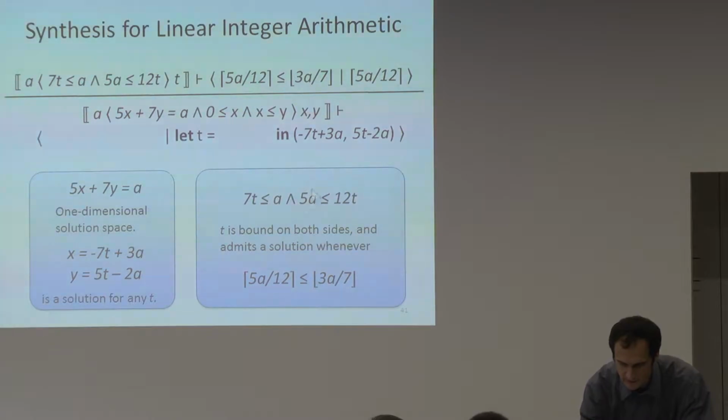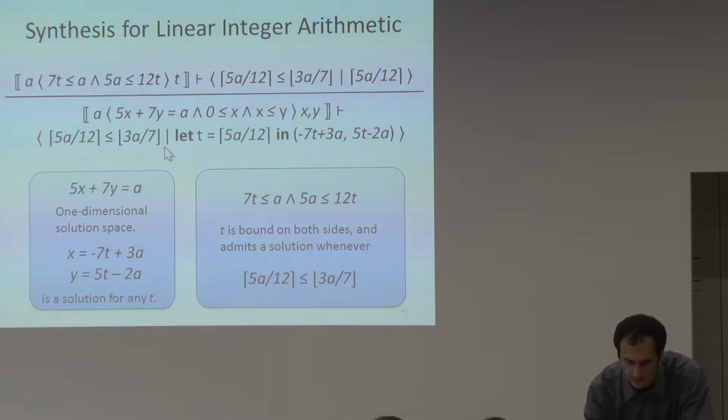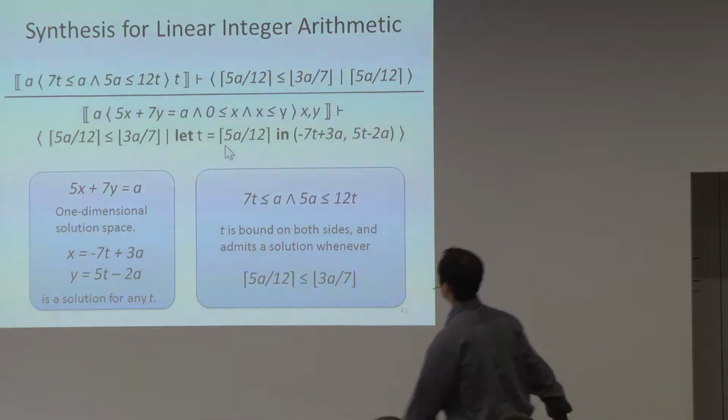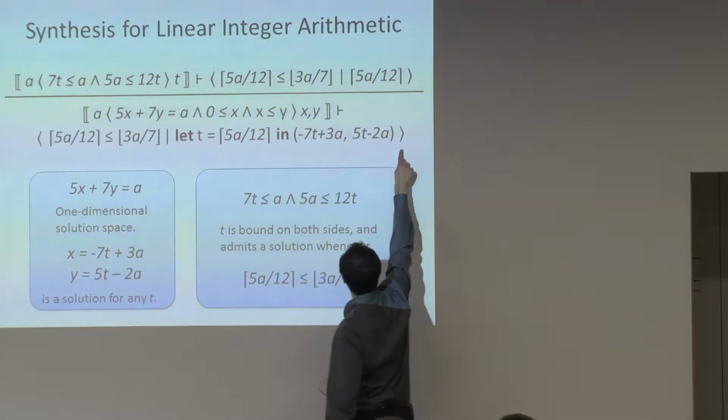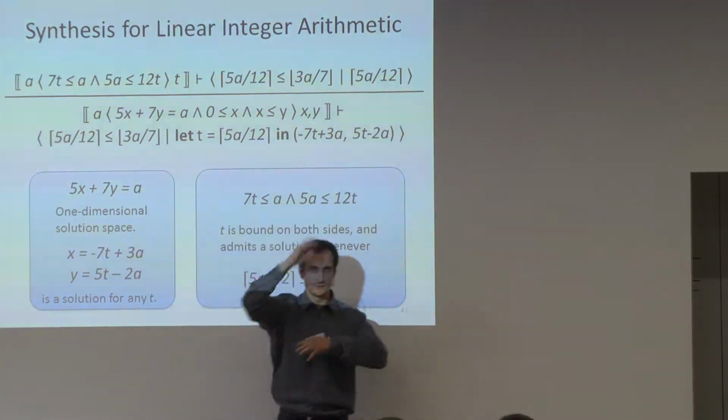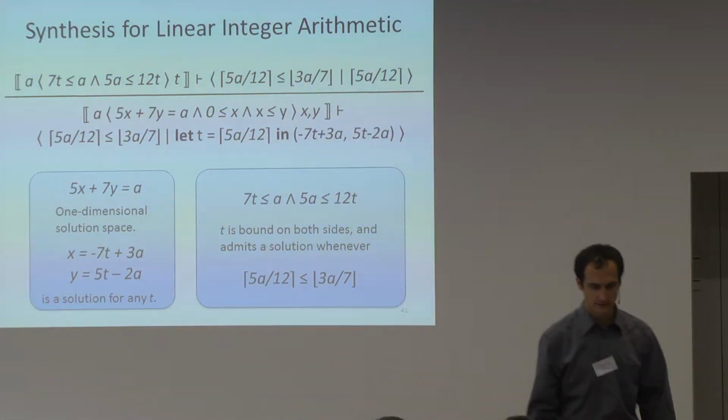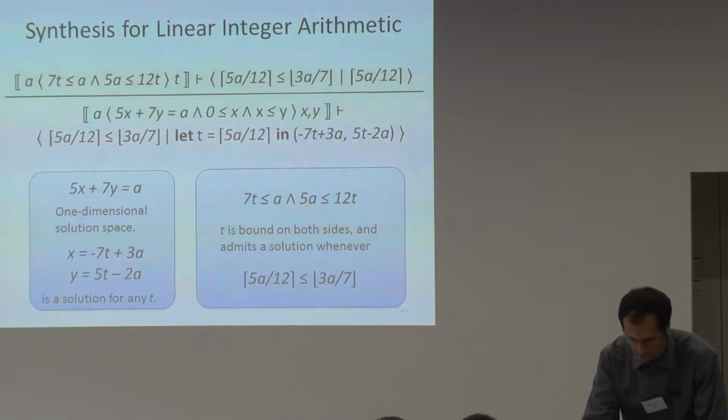So the result is this one. So 5a over 12 is a term that contains the input, and we get a precondition that the lower bound needs to be less than the upper bound, and we can use this term to compute it, and this is our synthesized program. Okay, so I have shown you how you apply these rules backwards, basically, in this one example.